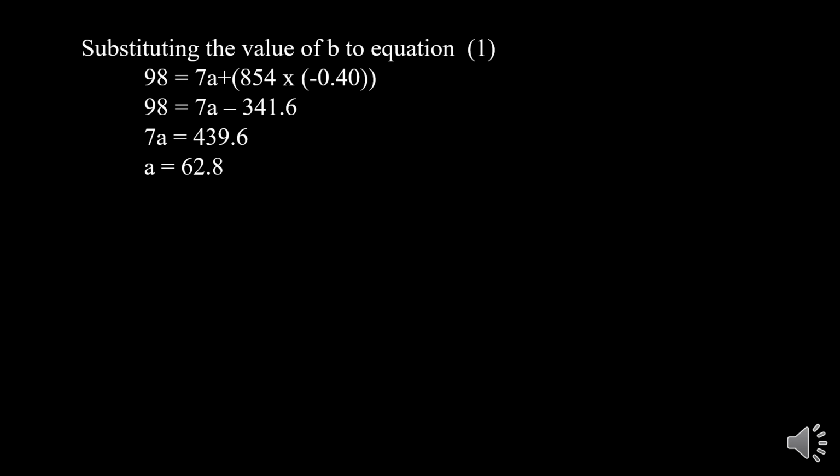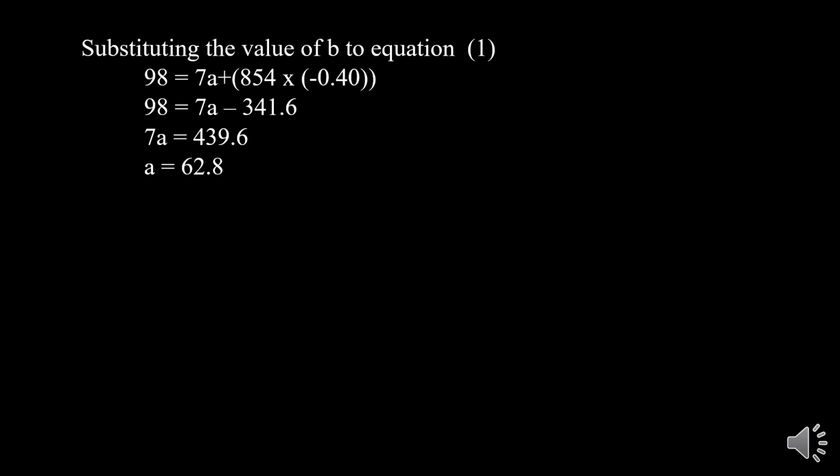Therefore 7a = 439.6, that is 341.6 plus 98, so it comes to 439.6. Therefore a = 62.8.